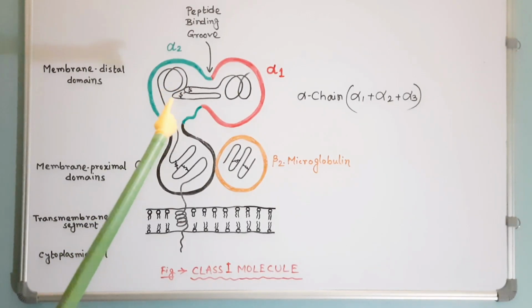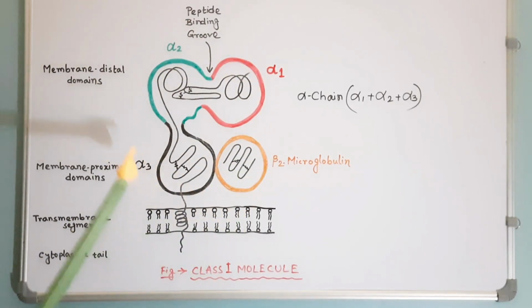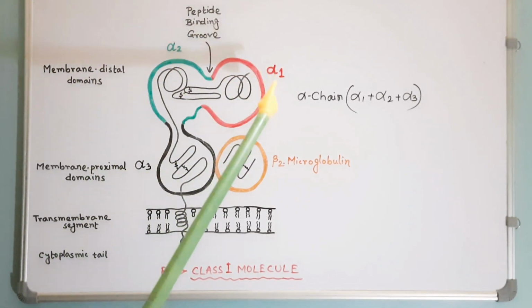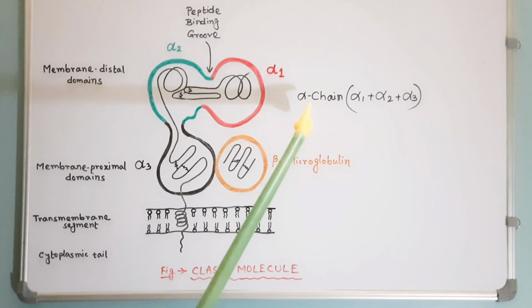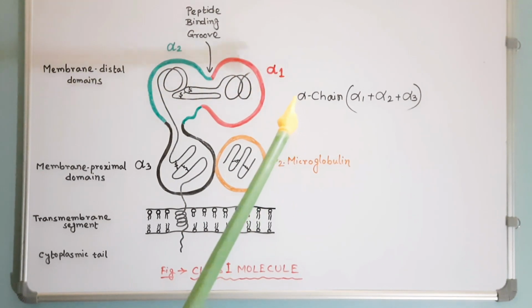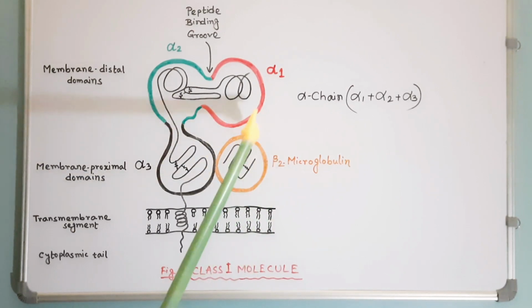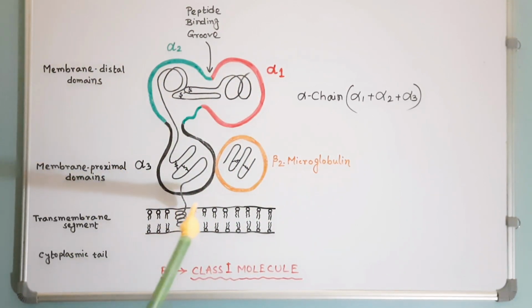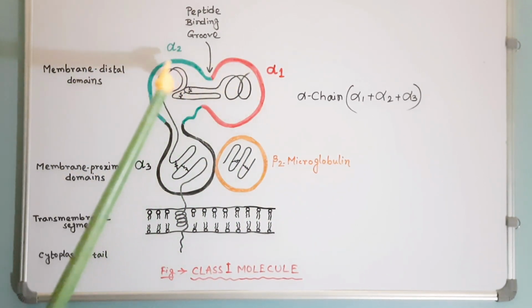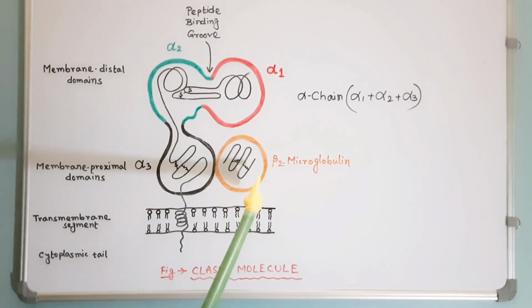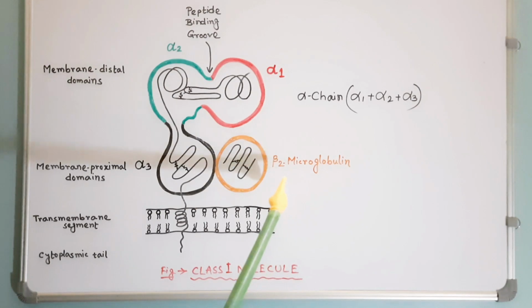It is a diagram of class I MHC molecule. It is composed of two polypeptides, alpha chain and beta 2 microglobulin. This is alpha chain. It is 45 kilodalton. And this is beta 2 microglobulin molecule of about 12 kilodalton.